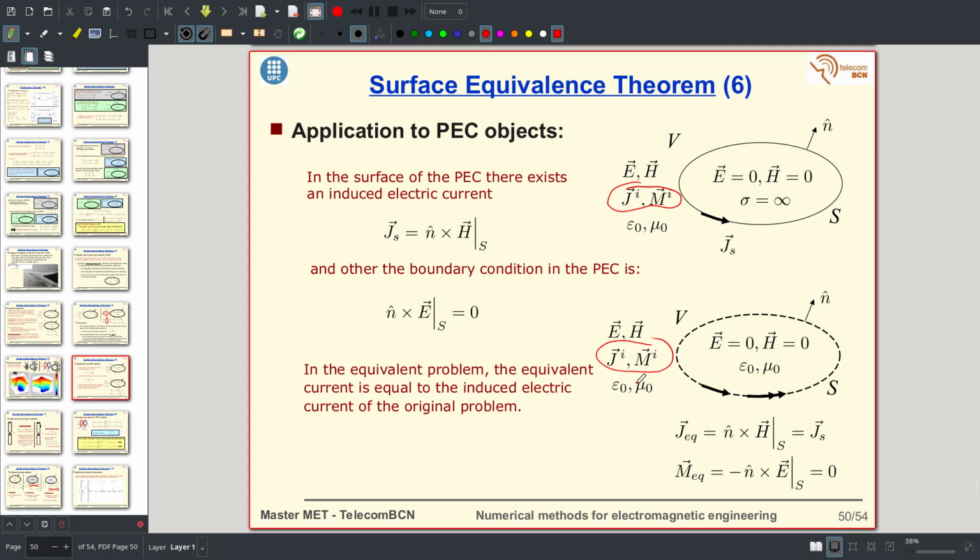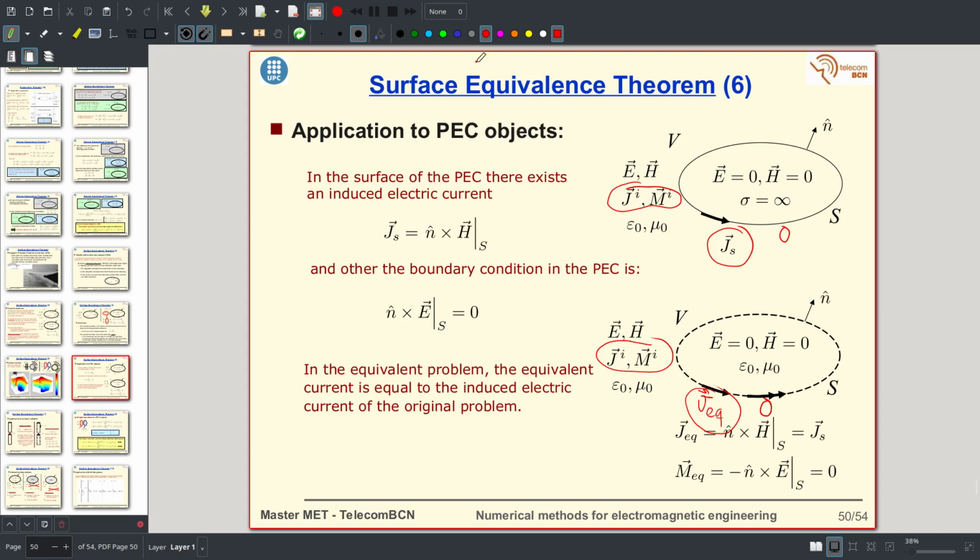And outside we have the impressed sources outside, so the same thing. We have an equivalent electric current equal to the induced current, so the sources are the same. And we have a 0 magnetic equivalent current, equal to the original problem, because in the original problem the magnetic current is equal to 0. So the sources are exactly the same in the equivalent problem as in the original problem.